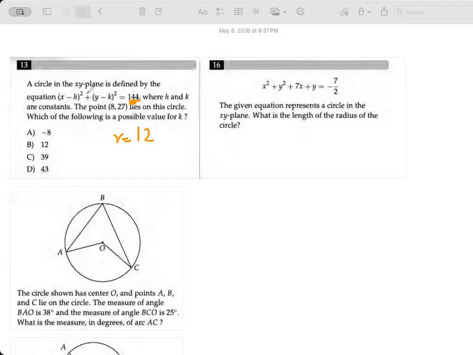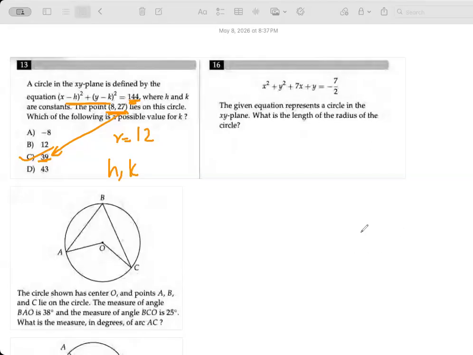So if this is your center, h comma k is your center, the point on the circle, if you think about the y coordinate alone, don't worry about the x coordinate, it should be 12 units away. When will it be 12 units away? 27 to 39 is the only one that's 12 units away. If they had given two of these with 12 units away, then there is confusion. But here it is only one. That's smart. That's what even I felt. Good job.